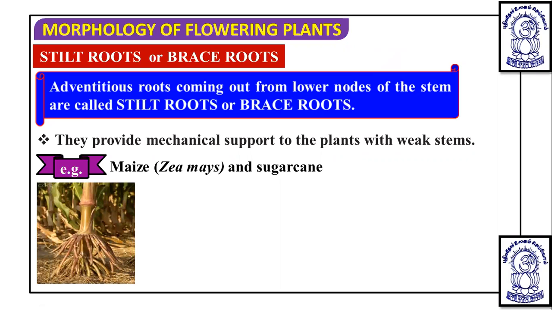You can see, this is the stilt root actually. This is the sugarcane. It is the lower node. These are also some of the lower nodes, and at the lower nodes you will see obliquely downward roots arising. These obliquely downward roots are the stilt roots, because when we tie a plant from all sides with such roots, this weak stem can stand in a vertical position.